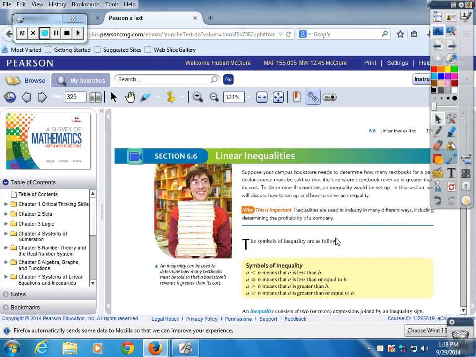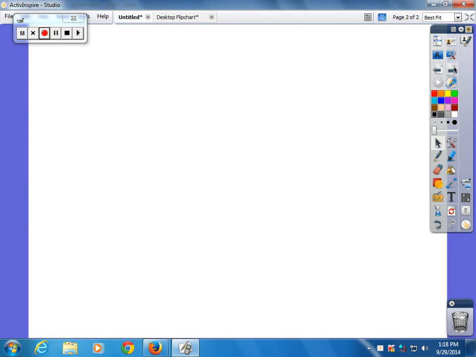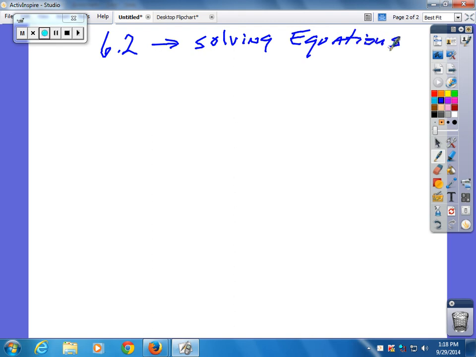So we're going to skip from 6.2 to 6.6 because 6.2 is solving equations, and 6.6 is solving using the same thing you learned in 6.2, but it's going to be inequalities.